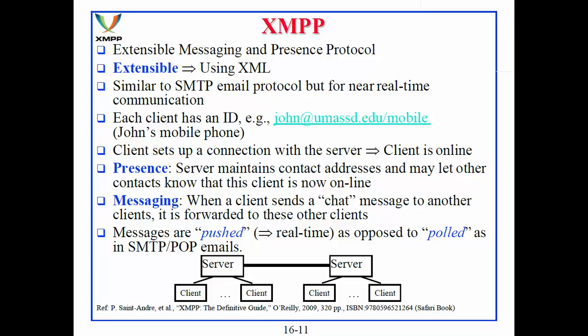One is presence. The server maintains a contact address and may let other contacts know that a particular client is now online, so they get some sort of status update. So if you have a closed group, you can know which members of your closed group are currently online.